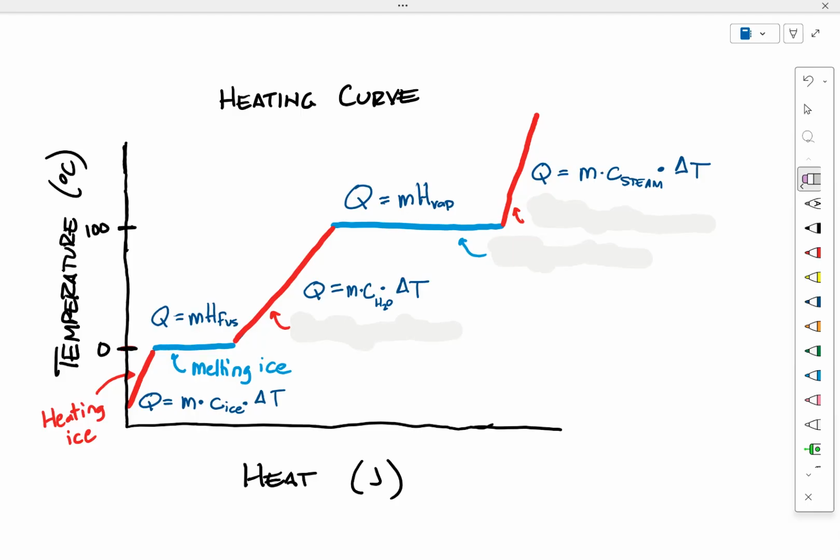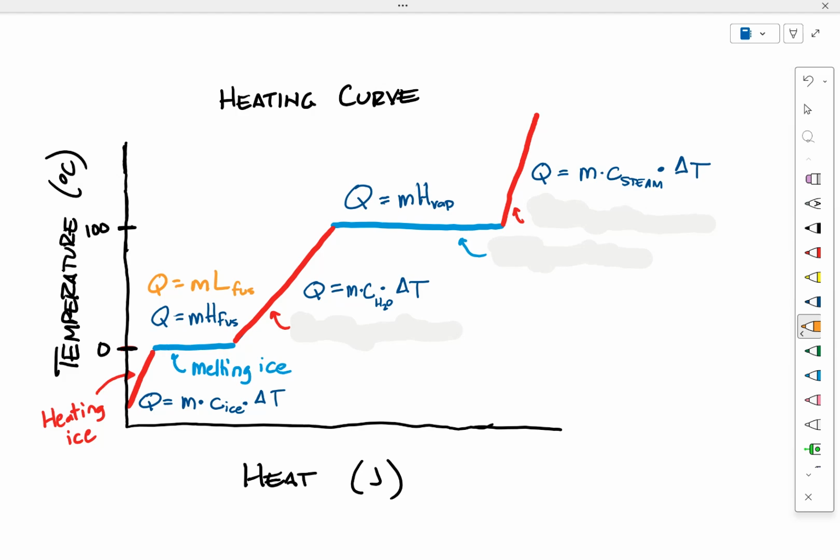And we have a math calculation that we can use for this. When we get to that point, we're going to employ this equation that says Q equals M times H fusion. Sometimes you'll see that equation written Q equals M times L fusion, where L stands for the latent heat of fusion.